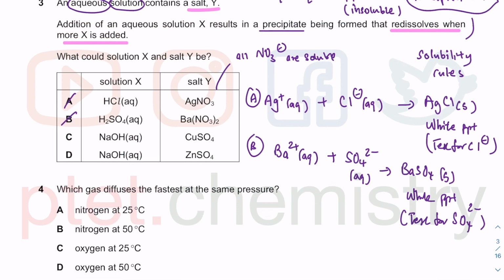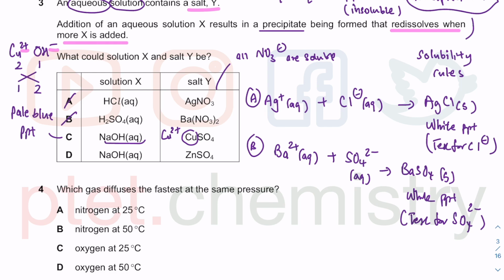Now we know that with C, test for copper 2+. So this is Cu2+, and this is using sodium hydroxide. We do know that we get a pale blue precipitate. That will be the precipitation of your copper(II) hydroxide, Cu2+, OH-, LCM. The objective of getting to the formula is to look at the value of the charges, which is 2 and 1 respectively, based on the charges of the ion.